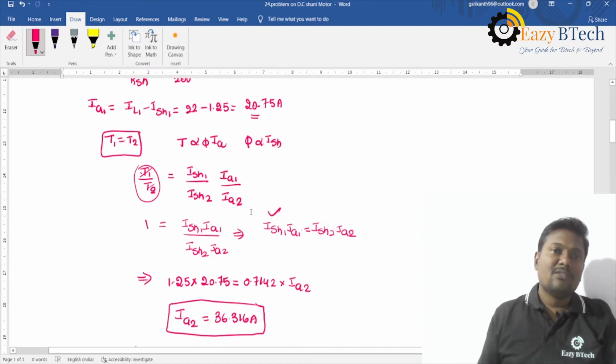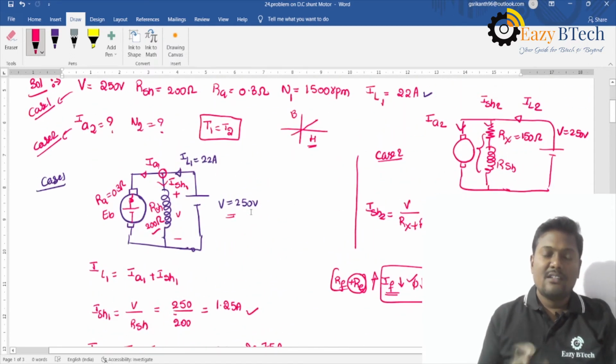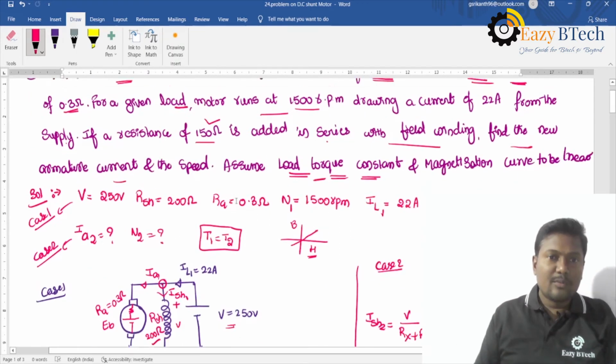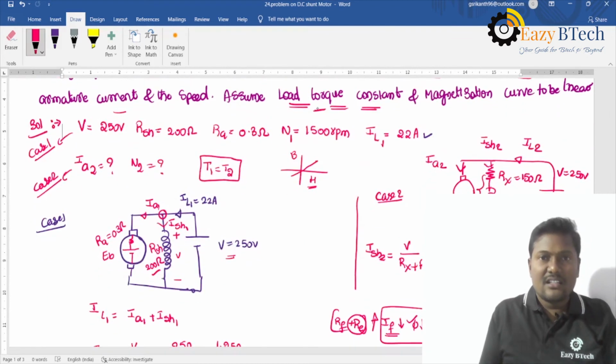First write down the formula of EB is equal to phi Zn by 60 into P by A. If except N and phi all other terms are constant, EB is directly proportional to N phi. N is directly proportional to EB by phi. In this problem it is clearly mentioned that the load torque is constant. That means torque is directly proportional to flux into Ia, and the flux is directly proportional to shunt current.